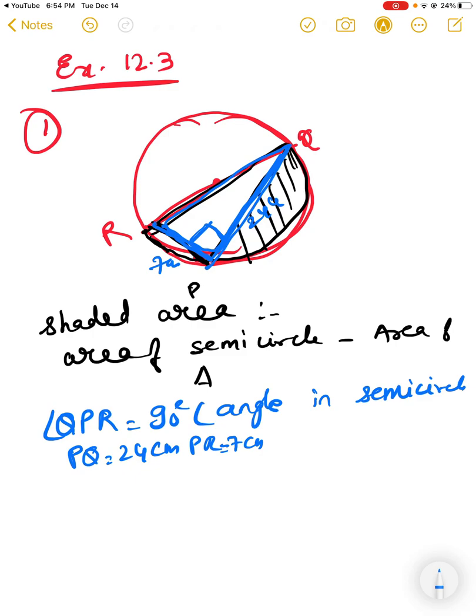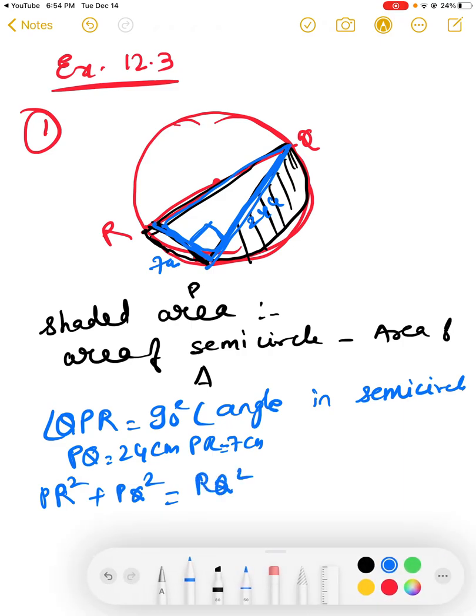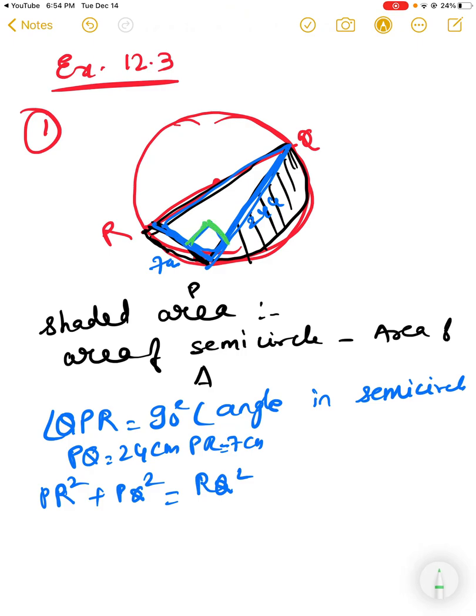So by using Pythagoras theorem here, PR square plus PQ square is equal to RQ square. Now this is the right angle. Always the side opposite the right angle will be the hypotenuse. So this square plus this square will be equal to RQ square. We have applied Pythagoras theorem here.